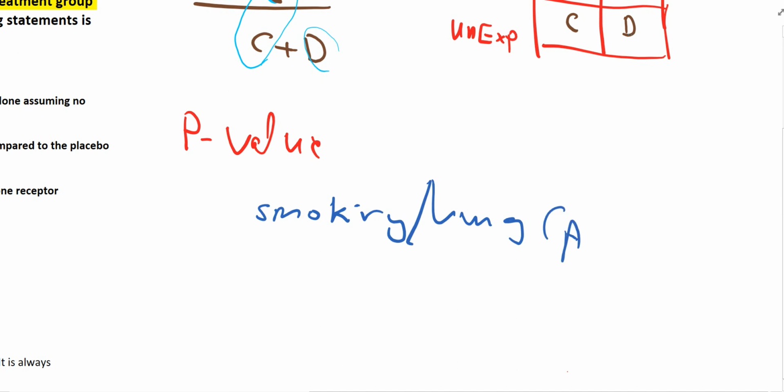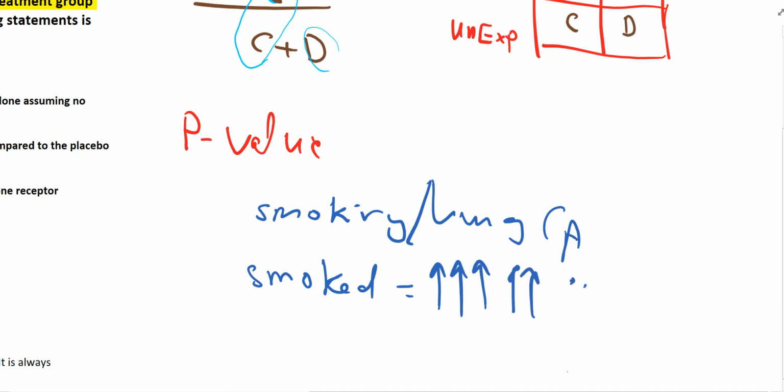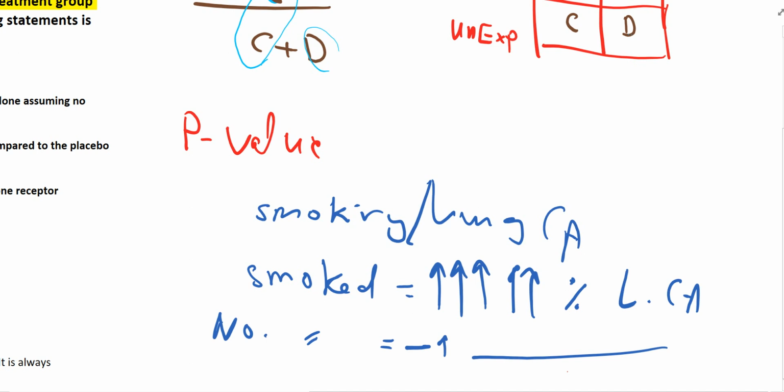You found people who smoked have a very high percentage of lung cancer, and people who did not smoke have either no or a very small number of lung cancer.